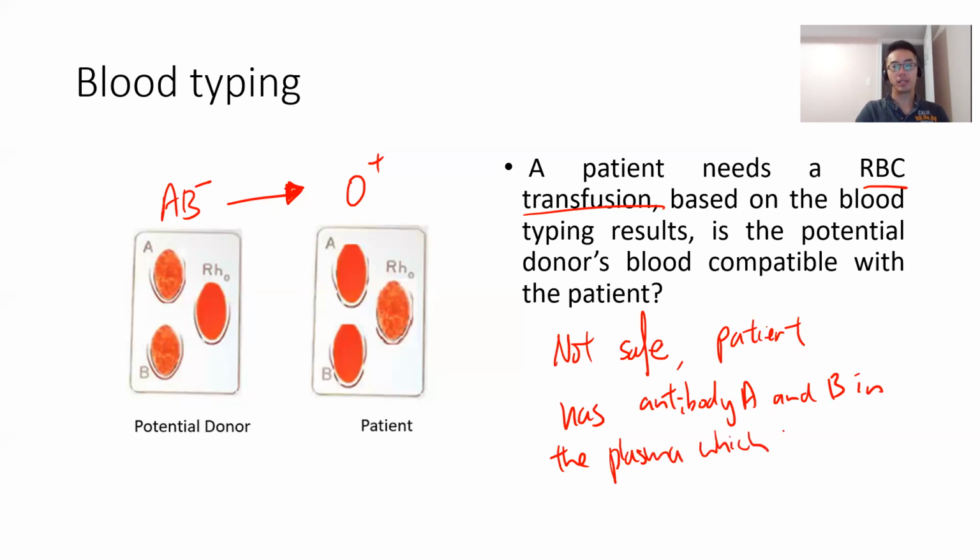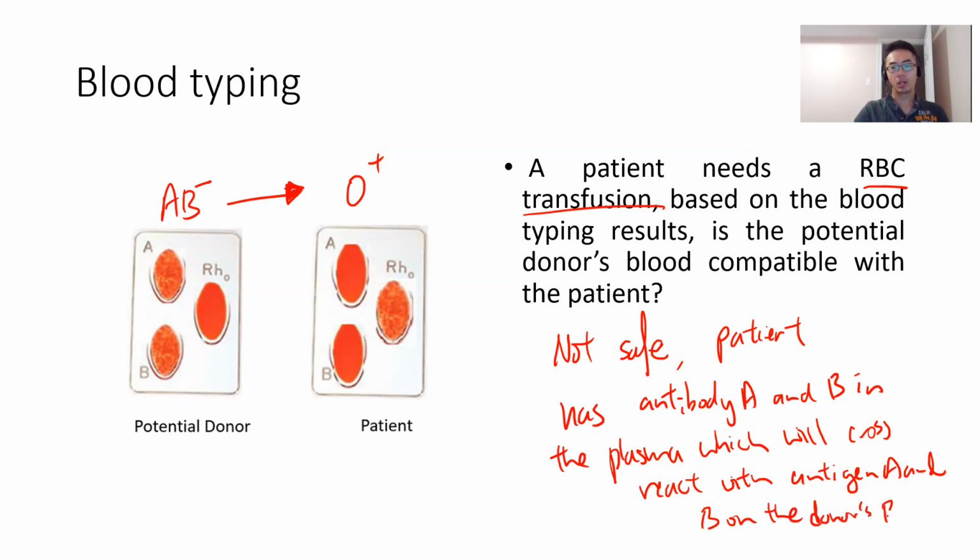Which will cross-react with antigen A and B on the donor's RBC. Okay, so if you do the transfusion, this blood is going to have A and B on it, and then the antibody B and the antibody A will tag it, and it will be a cross reaction. We do not want that, so not safe. All right.